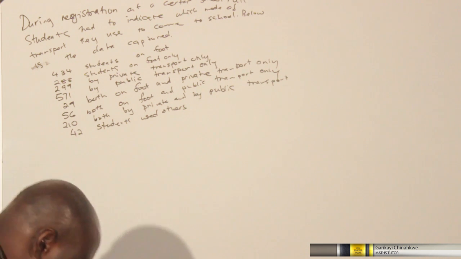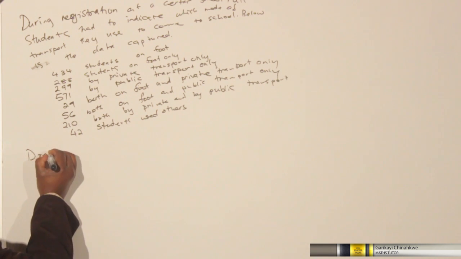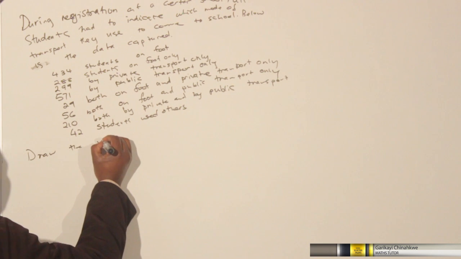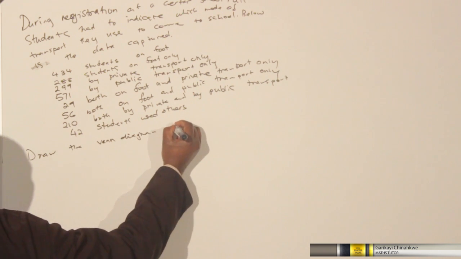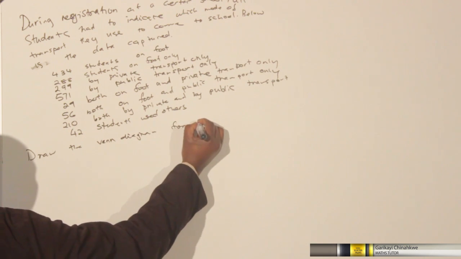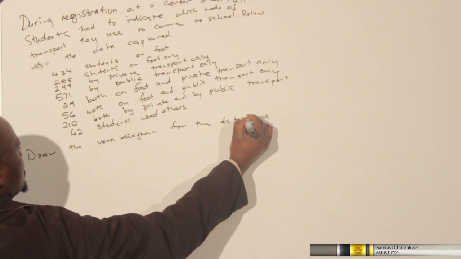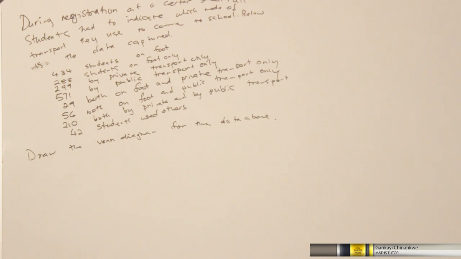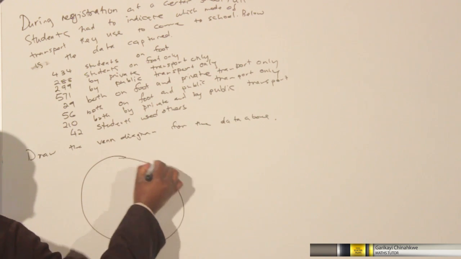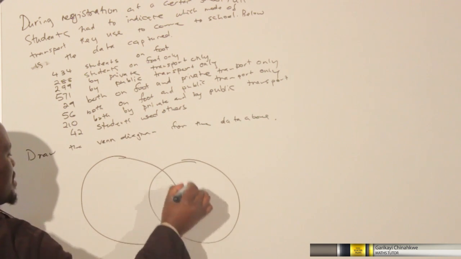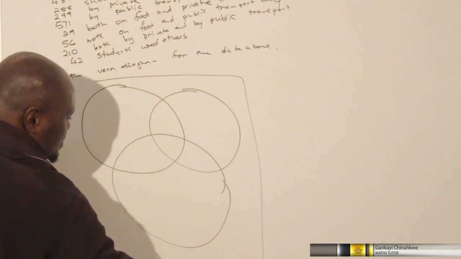Okay, then the first question is: draw the Venn diagram for the data above. Okay, we are going to draw the Venn diagram. We can see that we've got foot, and then we've got private, and then we've got public, then we've got others.